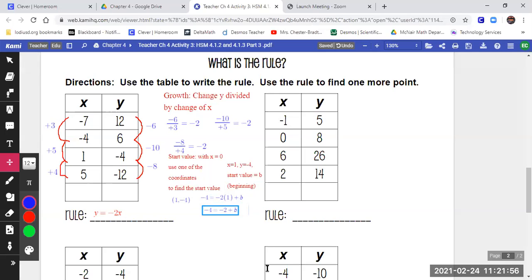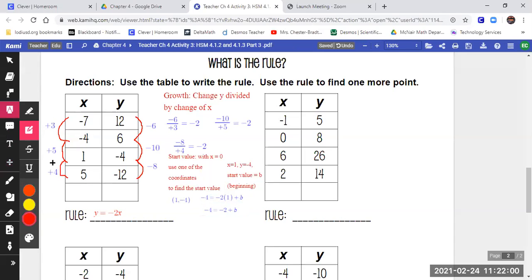I need that b by itself. I need to big 0 that -2 out of there. So what am I going to do? I've got to add 2 to both sides, so I can big 0 a -2 with a +2.